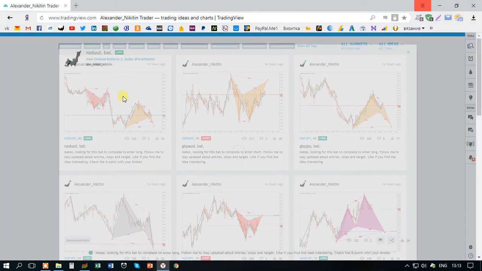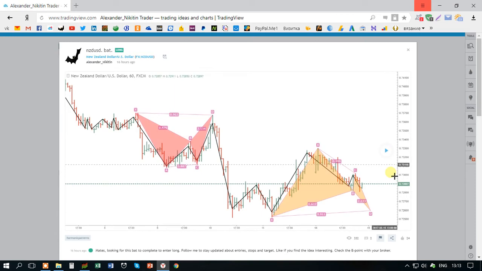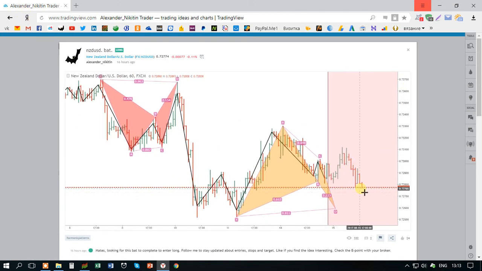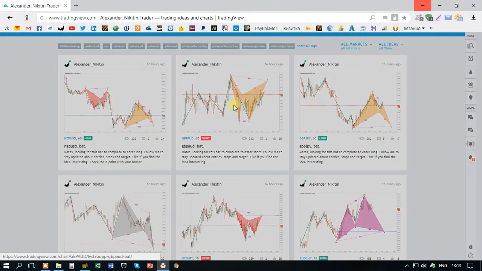New Zealand dollar 60 minute. Okay, it needs some time to load. The wheel is spinning. It is still valid, but we have a lower low here.